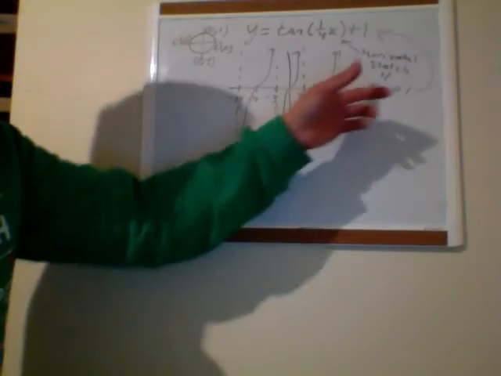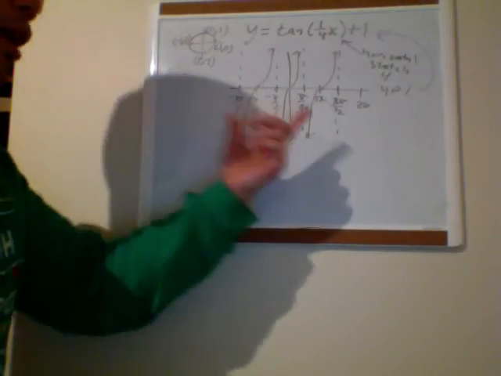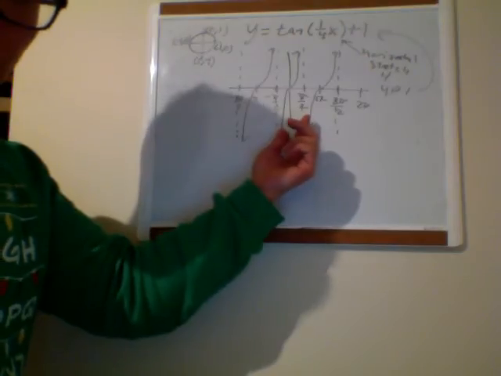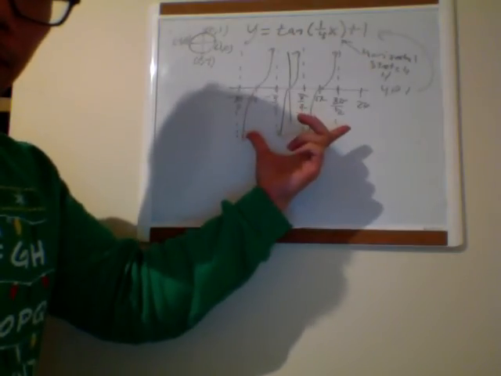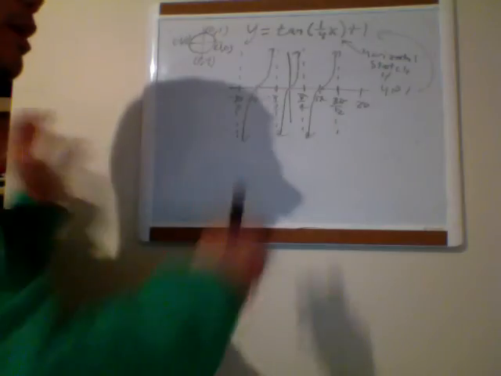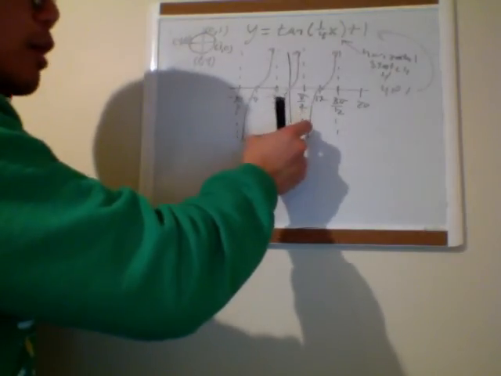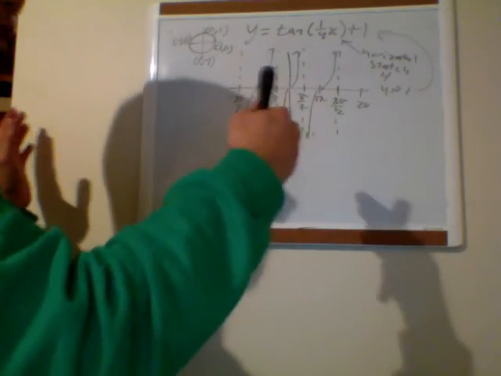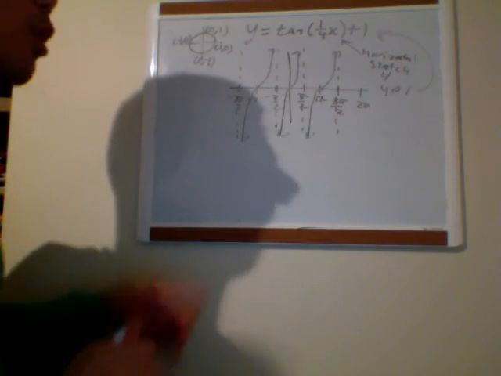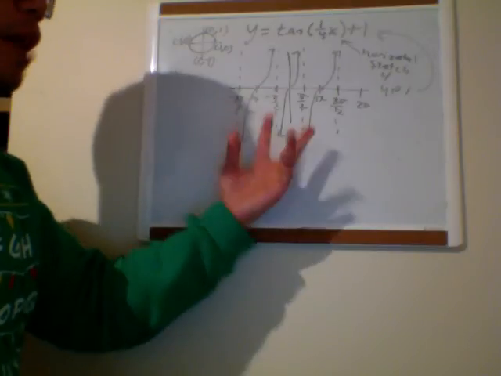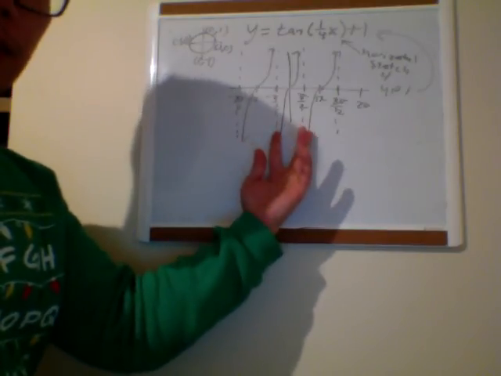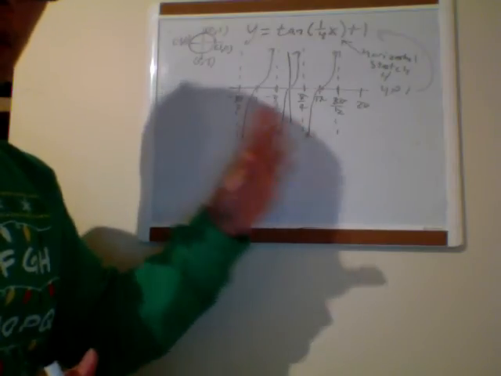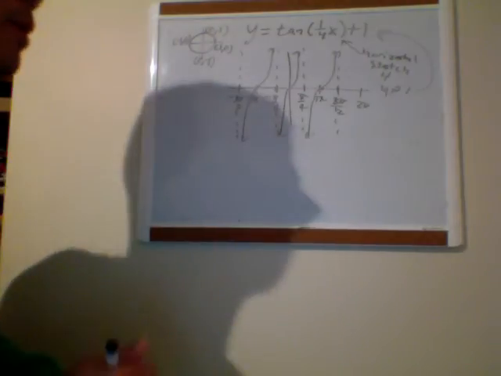Since I'm doing a horizontal stretch, all of these vertical asymptotes are going to be stretched out as well, right? Because these are vertical asymptotes, if I stretch horizontally, they are going to move out. So I'm just going to focus on this middle interval. And for the test, you could just focus on the middle interval to do all of your transformations.